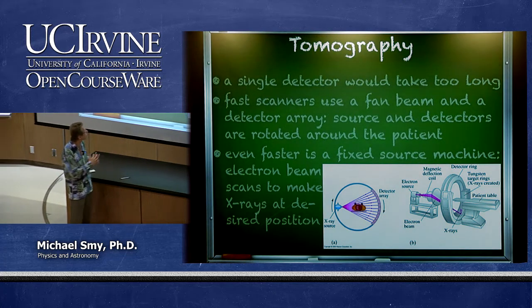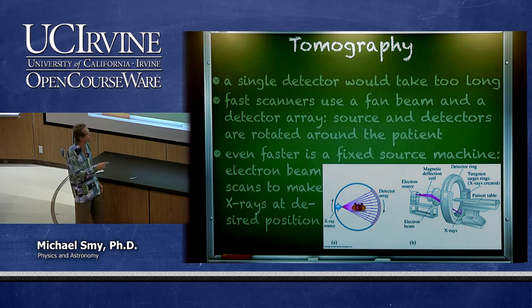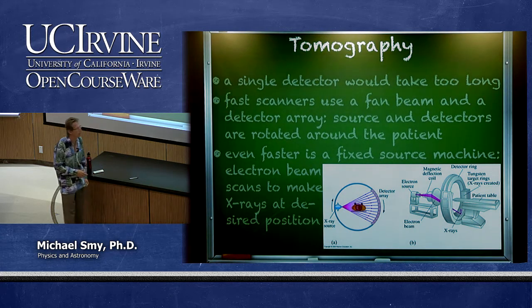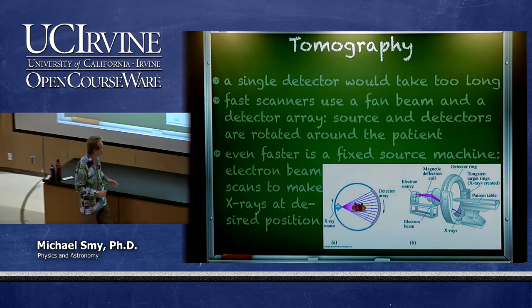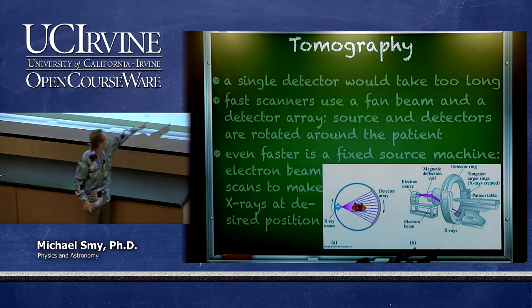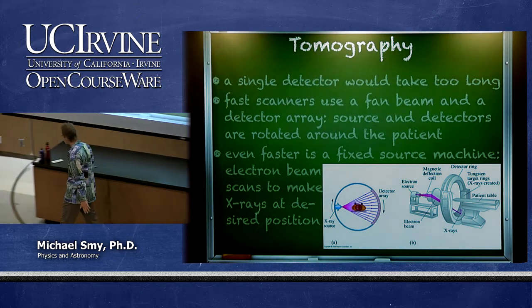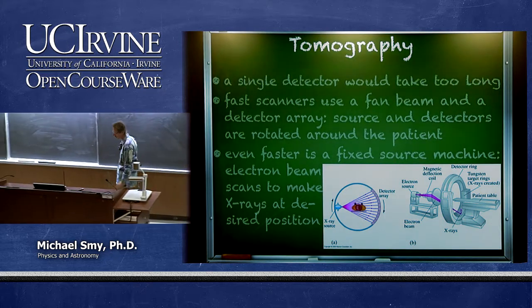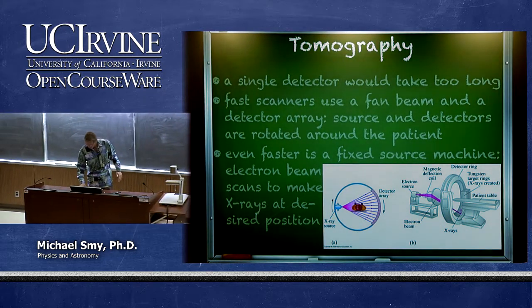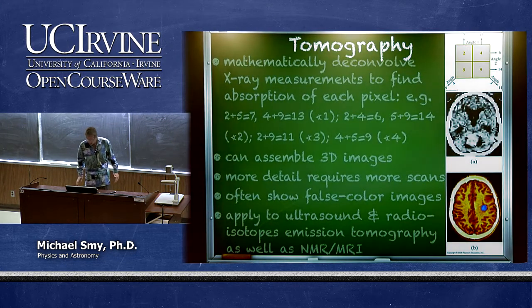So instead of rotating the X-ray source, you just scan an electron beam across a target that surrounds the patient from all sides. And it only generates X-rays at one instance from one direction only. And it's much faster to scan beams than to mechanically rotate. So those are called fixed source machines.